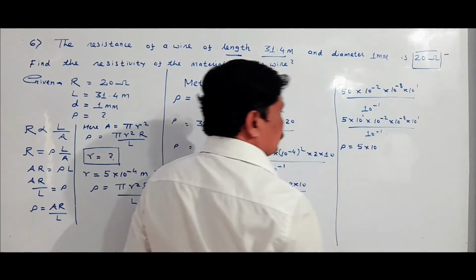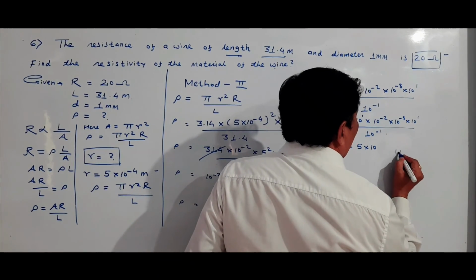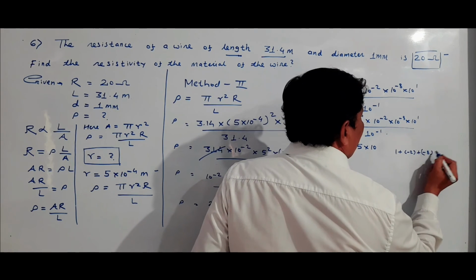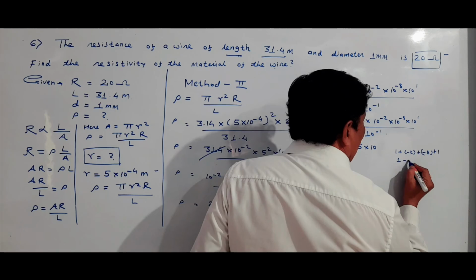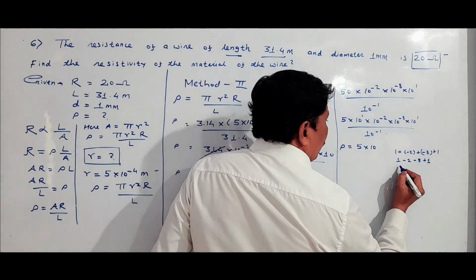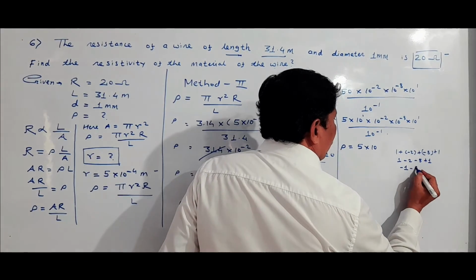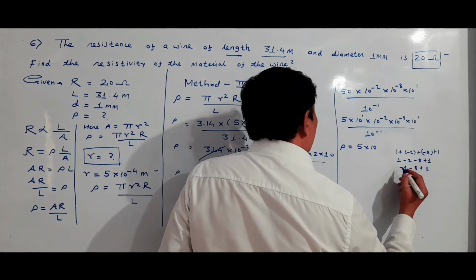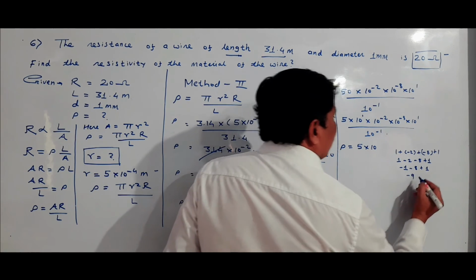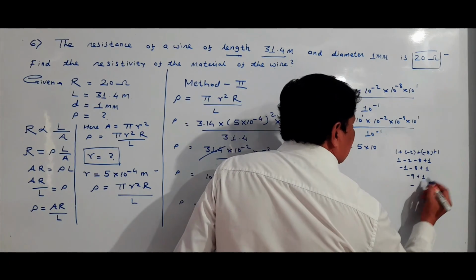Now the base is the same, so we can add all the powers: 1 plus minus 2 plus minus 8 plus 1. 1 minus 2 minus 8 plus 1, that is minus 1 minus 8 plus 1, minus 1 minus minus 8... 1 minus 2 is minus 1, minus 1 minus 8 is minus 9, plus 1, and that will be minus 8.